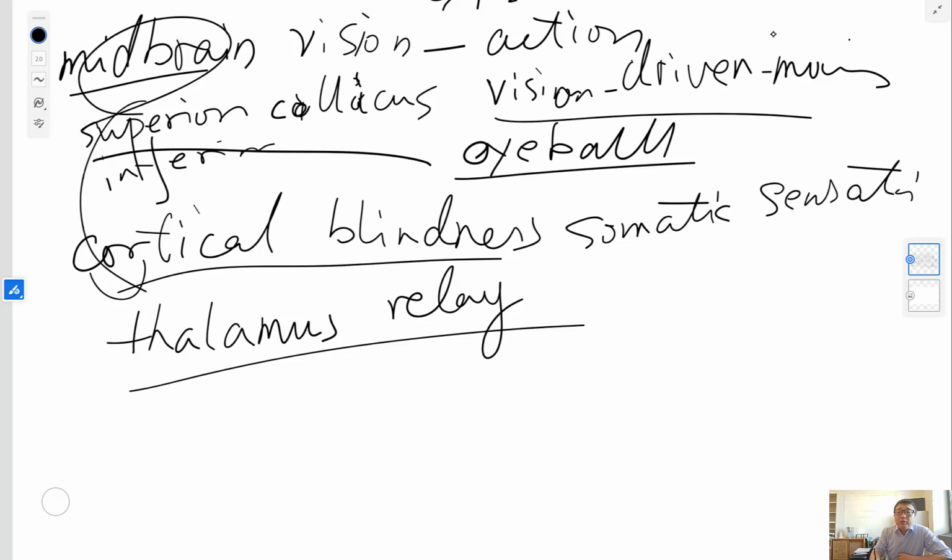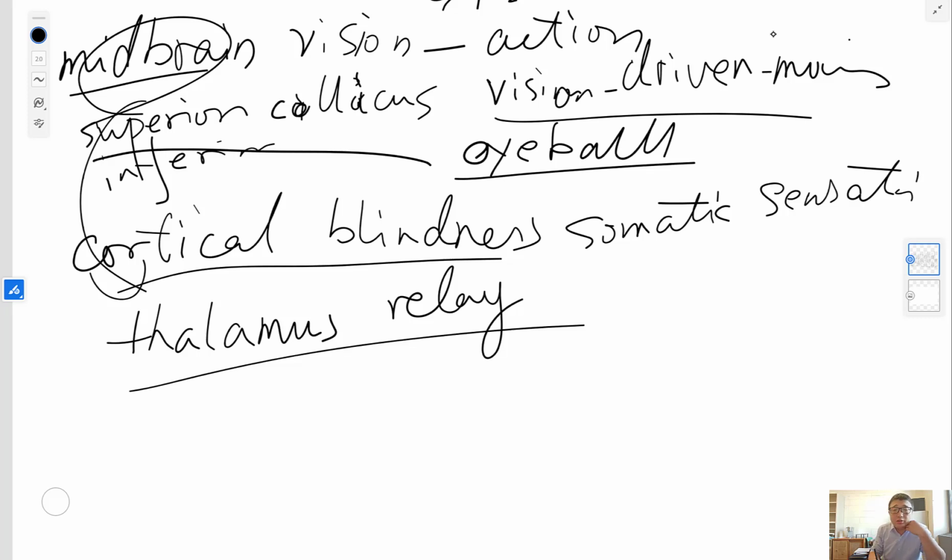Please pay attention: the somatic sensation, not a visual sensation. For example, low pH in the blood, that is sensed by the carotid body, does not necessarily have to go through the thalamus. It goes to the medulla, regulates the respiratory rate, and in some cases it's not very strong.